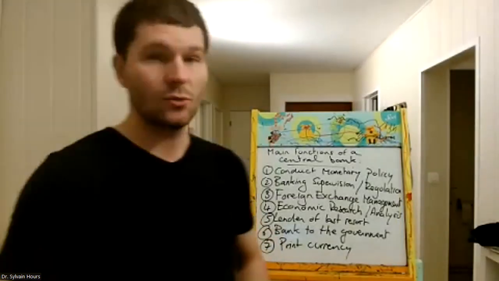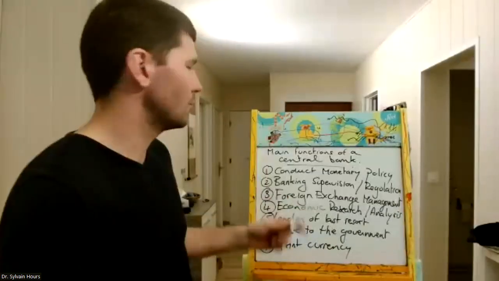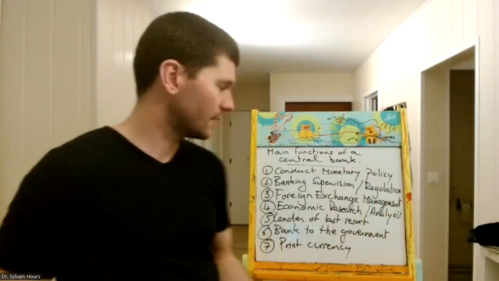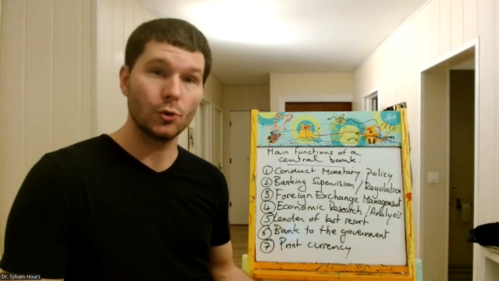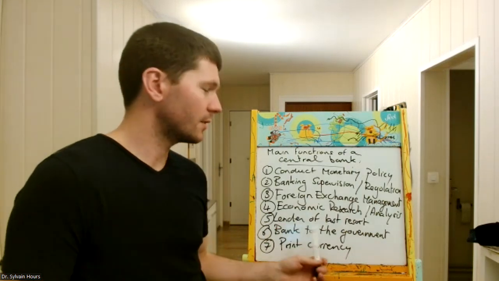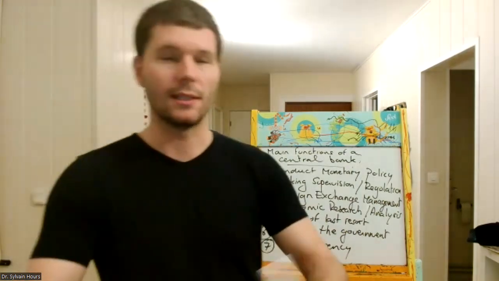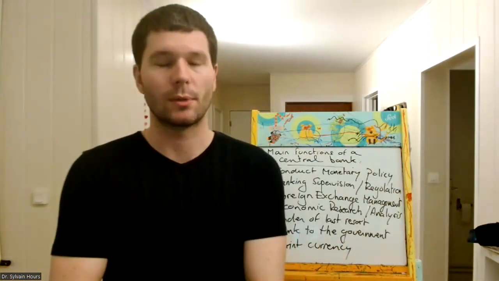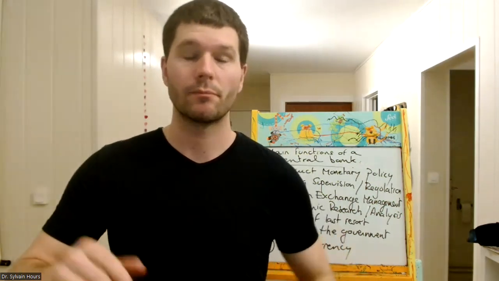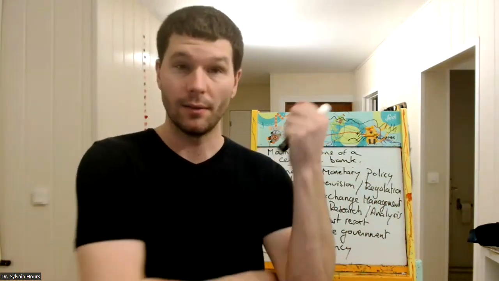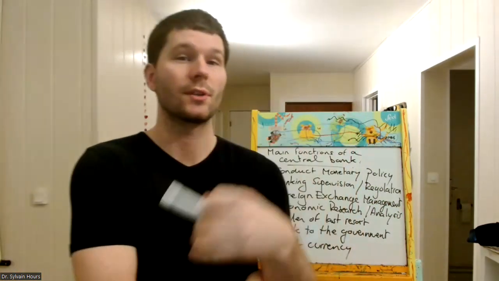Number 5, a lender of last resort, which is in fact related to monetary policy, but I wanted to separate it. The central bank can lend money to commercial banks. There is a market that we sometimes call the discount window, which is a market where commercial banks, when they do not have enough liquidity, when they don't have enough money, can borrow this money from the central bank.